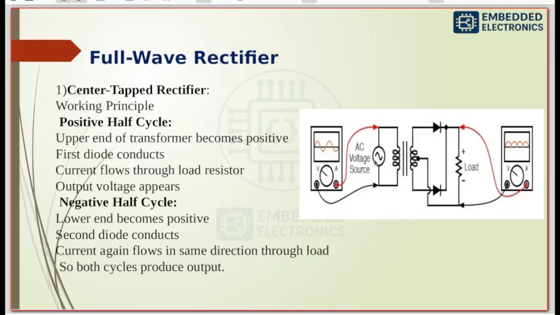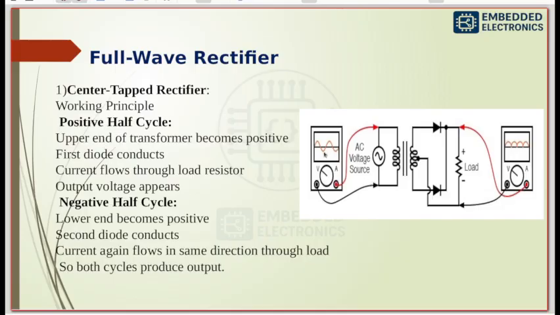So this is the center tapped rectifier. Here we have the transformer. During the positive half cycle, the upper end of the transformer becomes positive, so this diode conducts and current flows through the load resistor. So the output voltage you can see here.